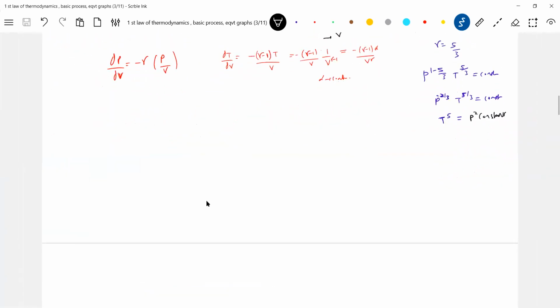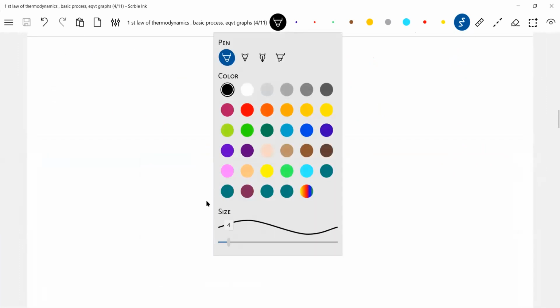Now, regarding the isothermal and adiabatic curves, we'll compare them. Let's draw the graphs here.